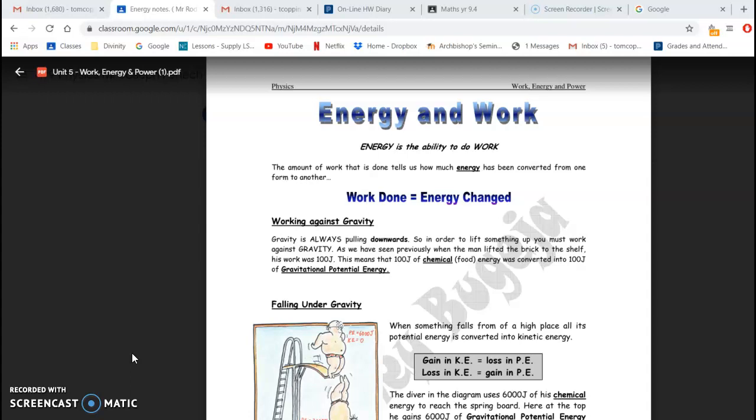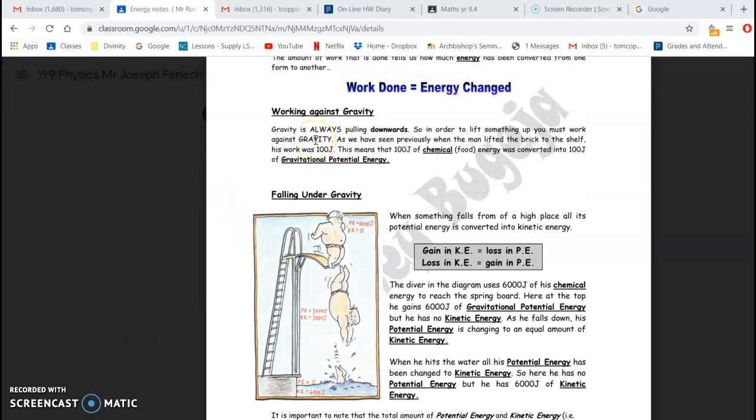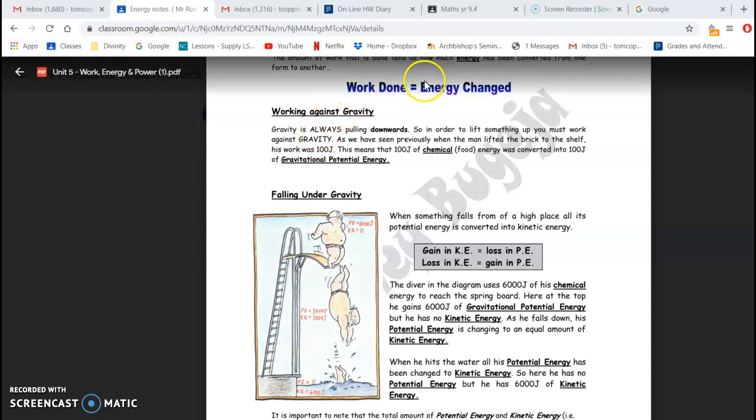Now, the amount of work done is how much of that energy was converted from the elastic energy to the kinetic energy. Another example, working against gravity. Work done equals energy changed. So the amount of energy that is changed is equal to the work done.